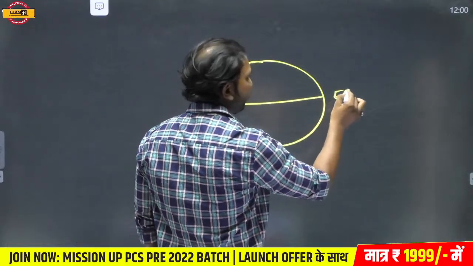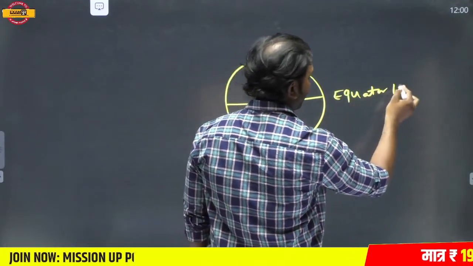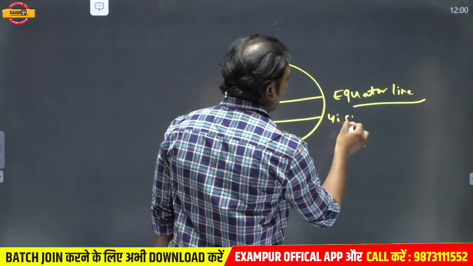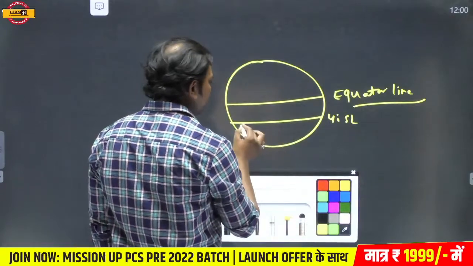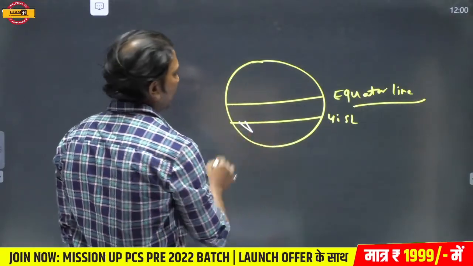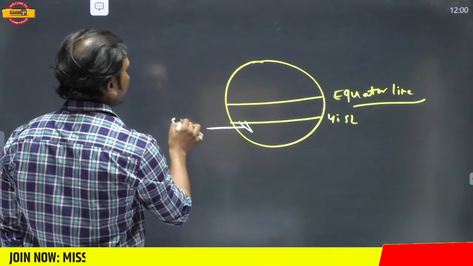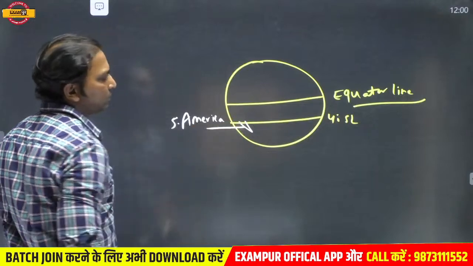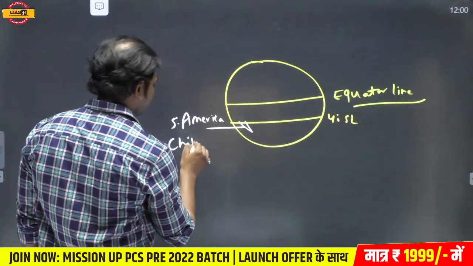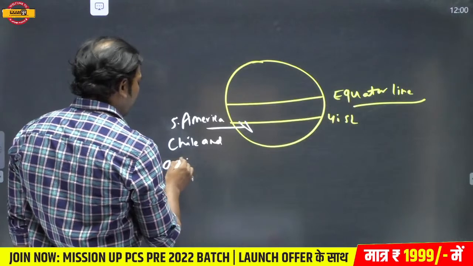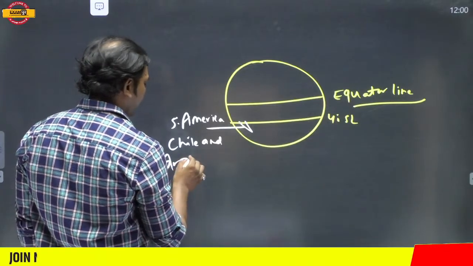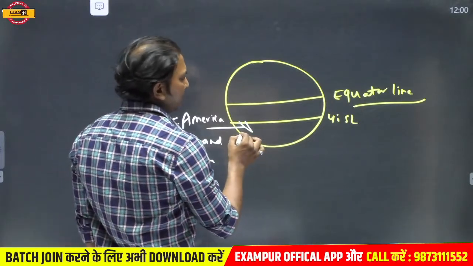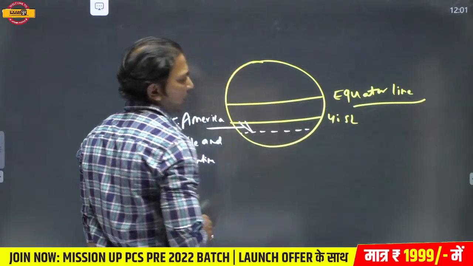This one is the equator line, and after the 40 degree south latitude, you can see a very small area of the southern hemisphere, the South America continent, lies in this region of Chile and Argentina, which lies till the 55 degree south latitude.